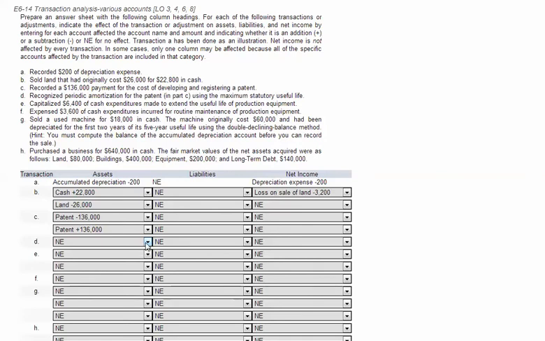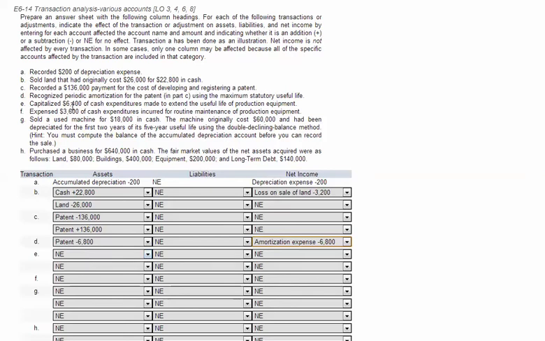So we are going to decrease our patent by, I'm sorry, $6,800. And our amortization expense is also going to increase, but that again will decrease ultimately our net income. So we'll have a negative effect on our owner's equity there. So we would debit amortization expense and credit the patent.